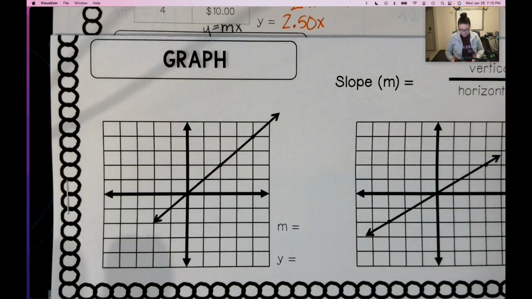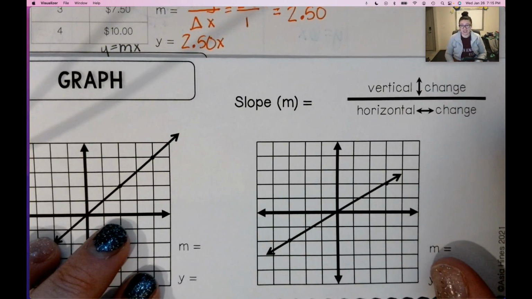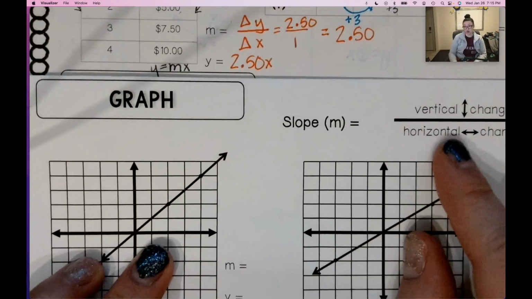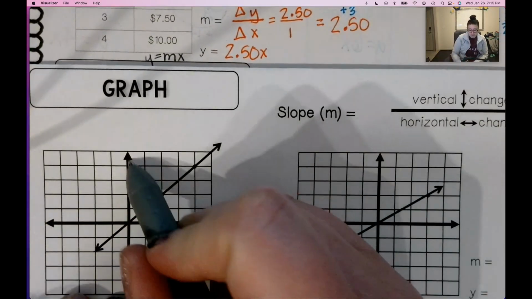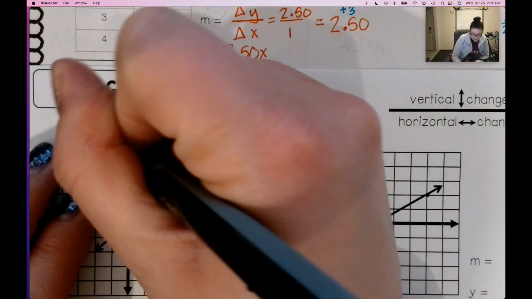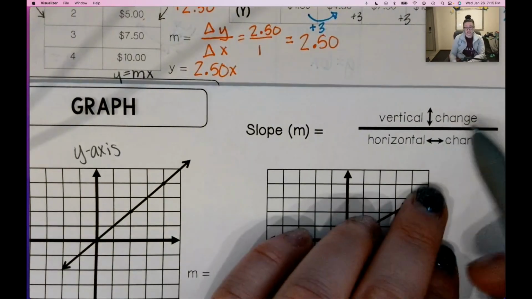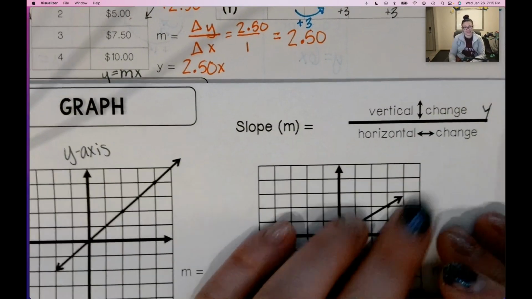So now we're doing slope on a graph. It's the same thing. Slope on the graph is the vertical change over the horizontal change. If we think about our axes, our vertical axis is the y-axis, so the vertical change is the change in your y. See where this is going?